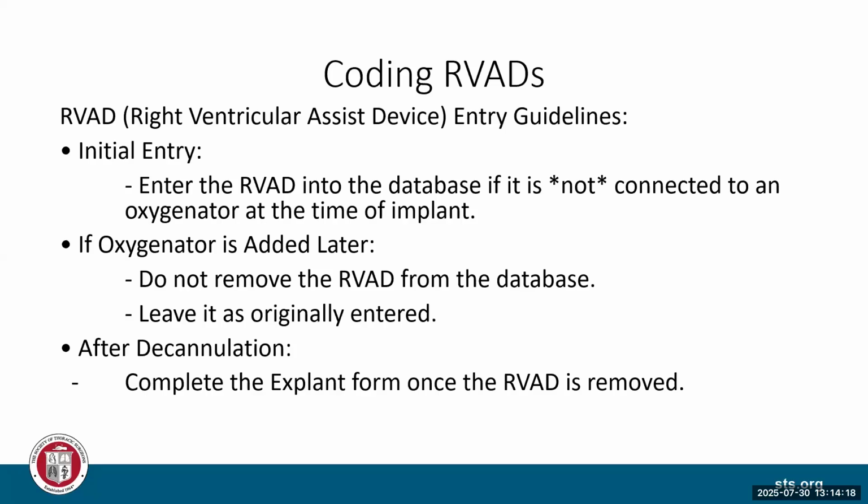And this was not creating an accurate picture of what was going on with the patient. It was making the patients look like they were having more devices than they were, where in reality, it was just oxygenators being connected and disconnected.